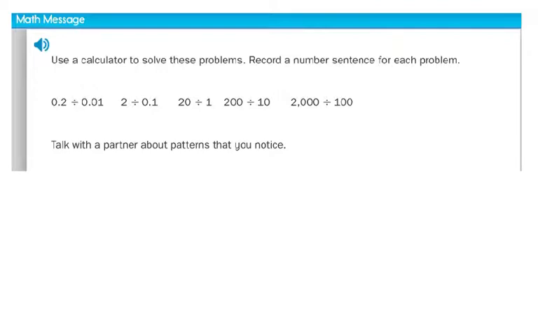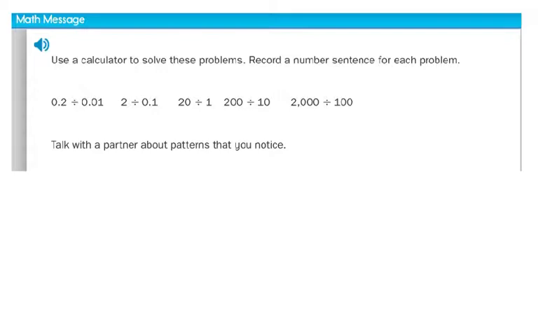Now, grab a calculator if you don't have one handy. It says use a calculator to solve these problems and record a number sentence for each problem. Go ahead and solve them. Use your calculator.